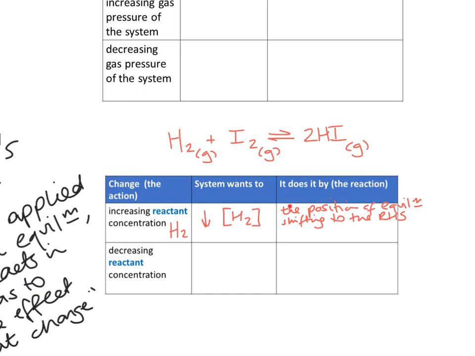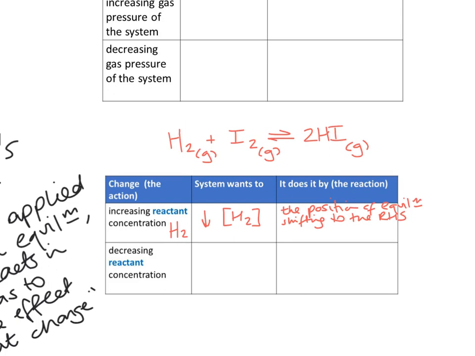So it does this by changing the position of equilibrium and shifting it to the right hand side. So this being the left hand side, this being the right hand side. If we've got more of H2, the way it's going to decrease it is by shifting this reaction to produce more hydrogen iodide. Thereby, if you increase the amount of hydrogen iodide, you decrease the amount of H2.